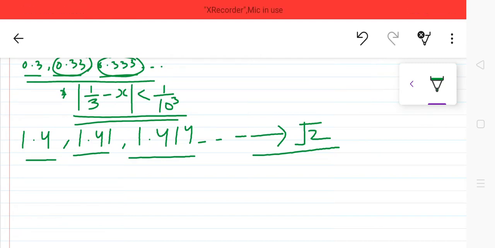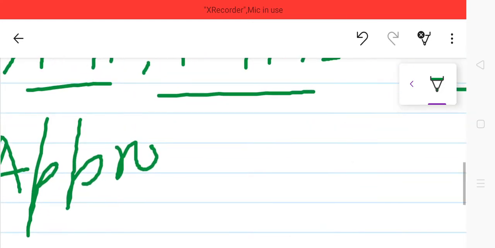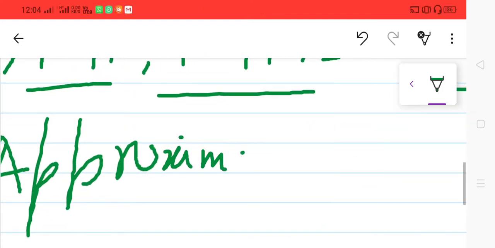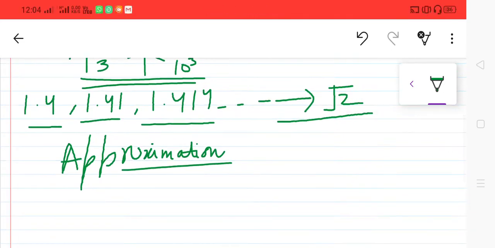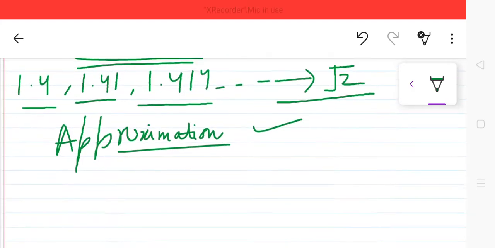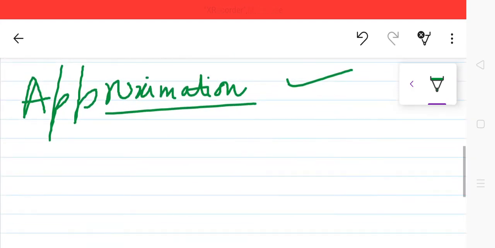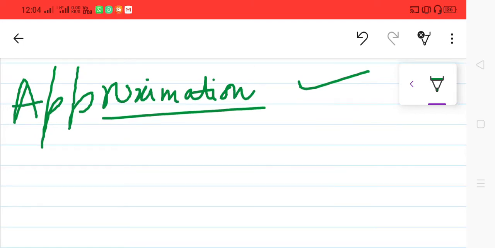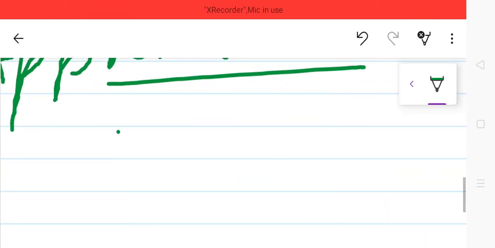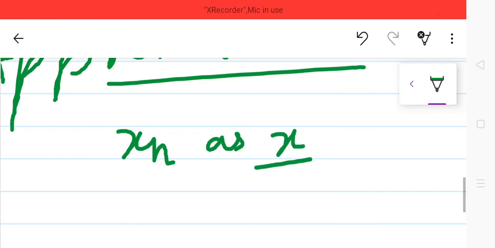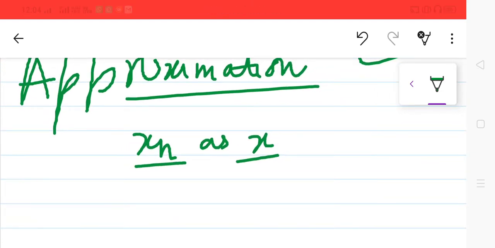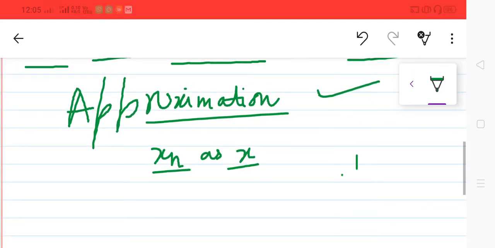So the idea behind a sequence is approximation. Up to a level of accuracy, you can write xn as x, the value like 1 by 3.